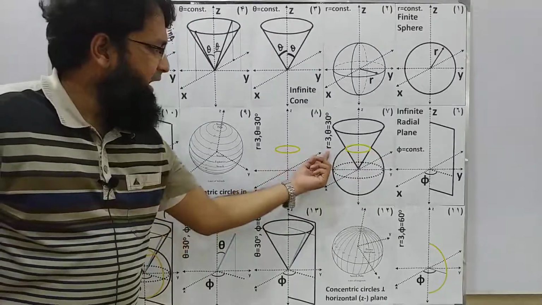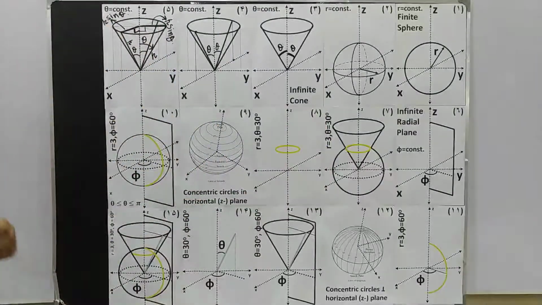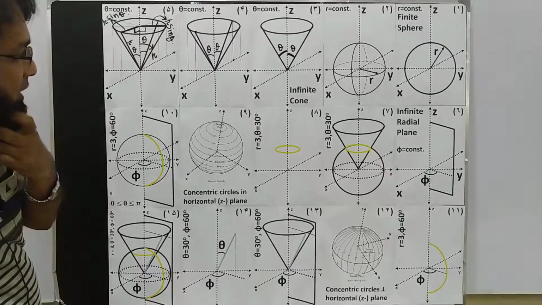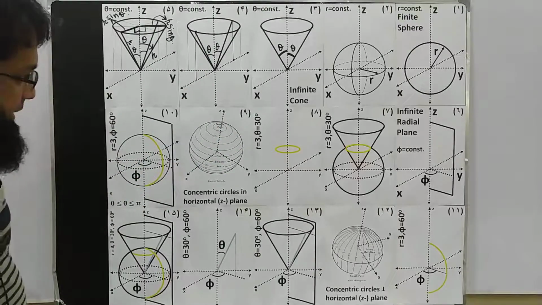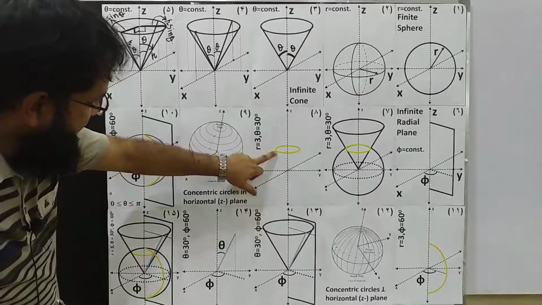And I have taken arbitrary values: r equals 3, radius is 3, and angle is 30 with respect to the z-axis. If I'm talking about a cone, it means I am talking about the angle with respect to the z-axis. So this is the circle.